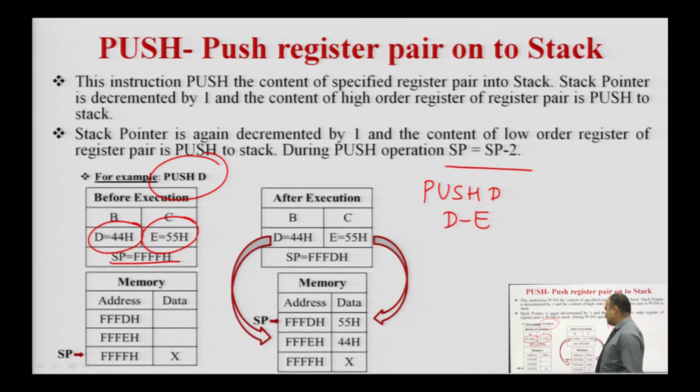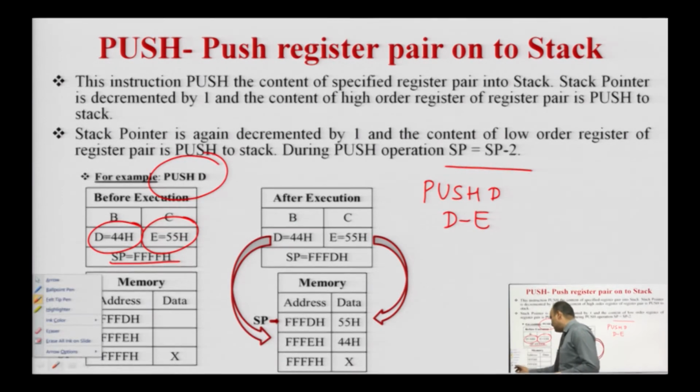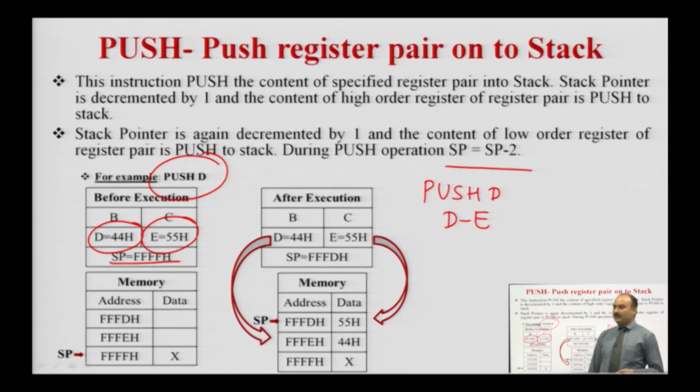So, the stack pointer points to this memory location, or we can say this is the stack top. This is the case before the execution of the instruction. Let us see after the execution.